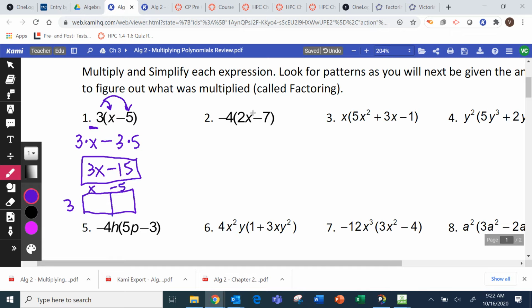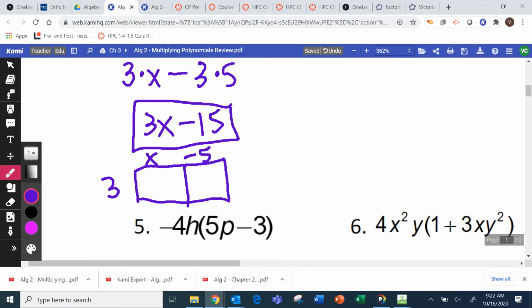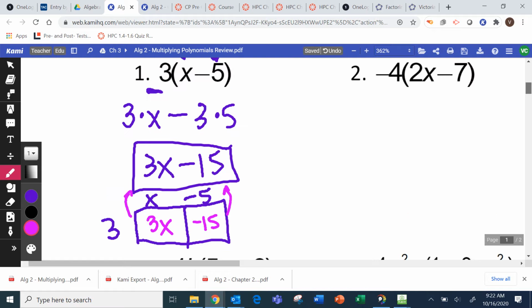And so I'm going to find the area of just this first box, 3x, 3 times x. And then I'm going to find the area of the second box. So I'm going to do 3 times negative 5, so negative 15. And then I put them together, 3x minus 15. So there's two ways to do this. You could distribute with the rainbows, or you could draw the boxes.